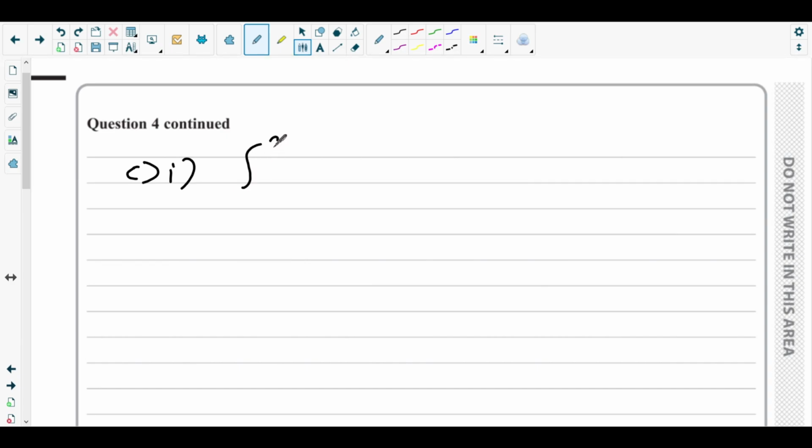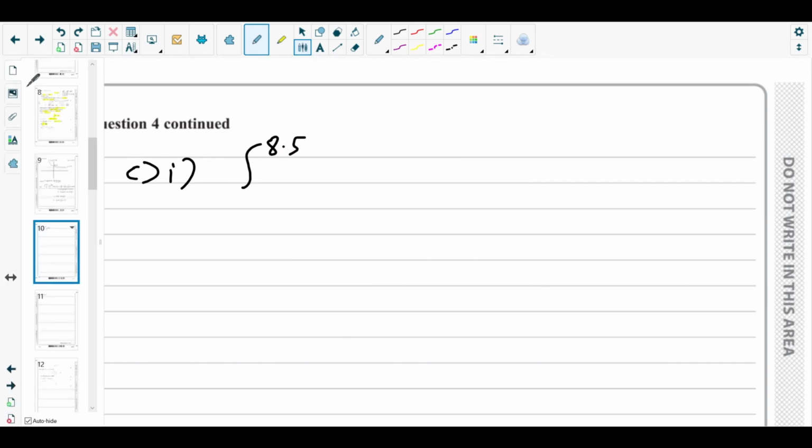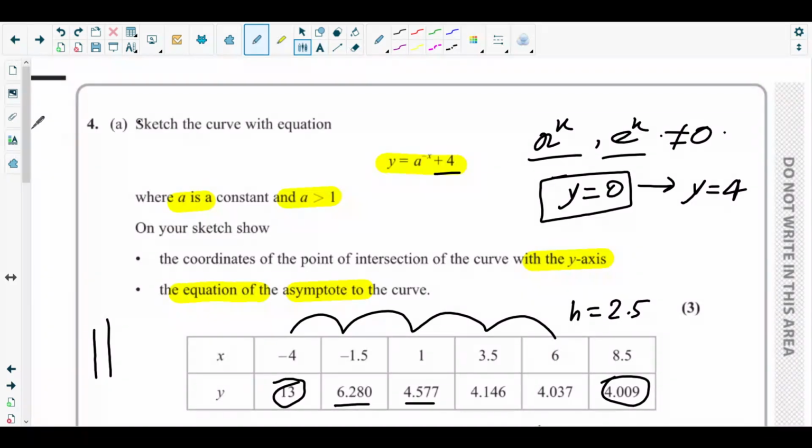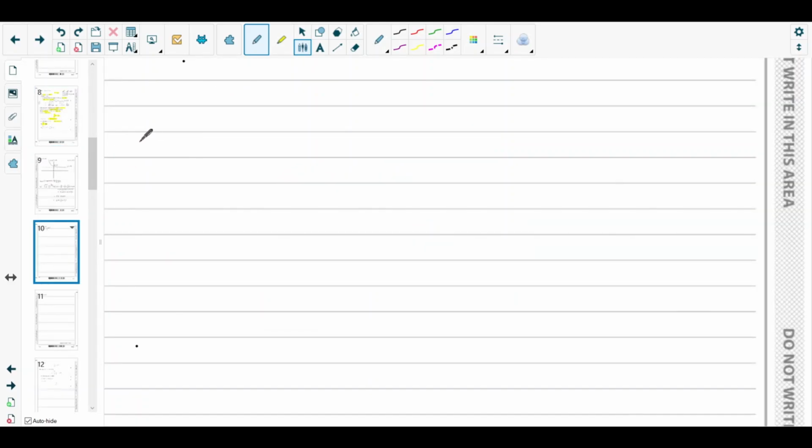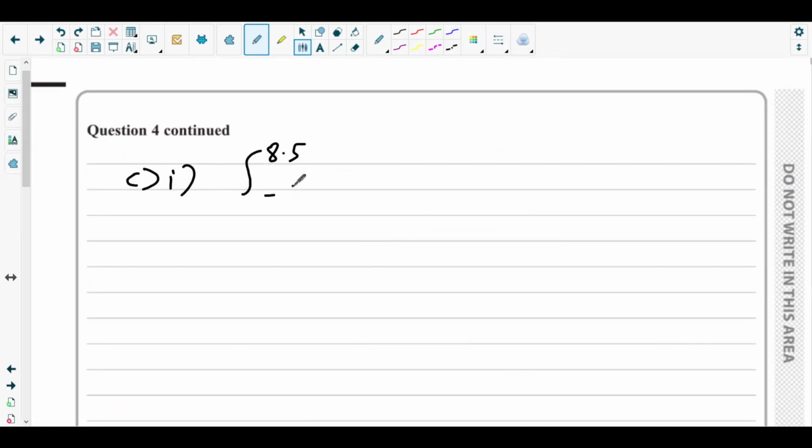For part C1, what can we write? The integration, the upper limit they said 8.5, and the lower limit is -4, from -4 to 8.5, of 3 to the power of negative half of x dx.